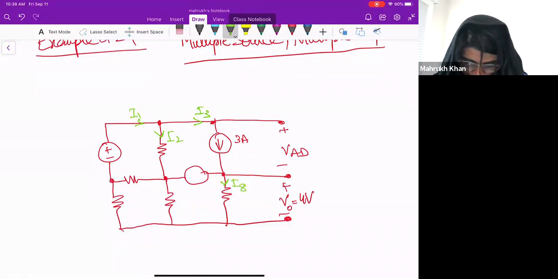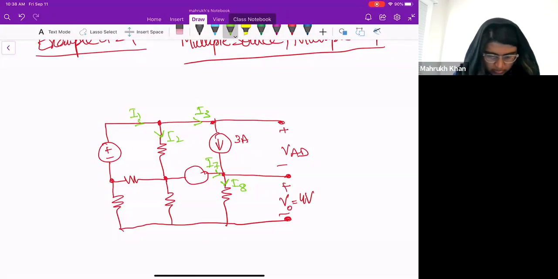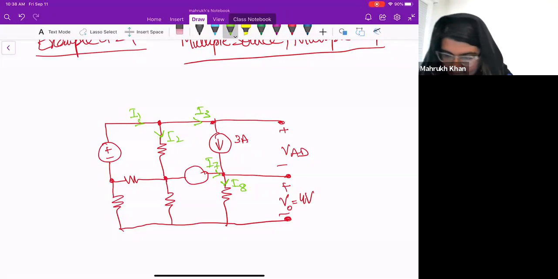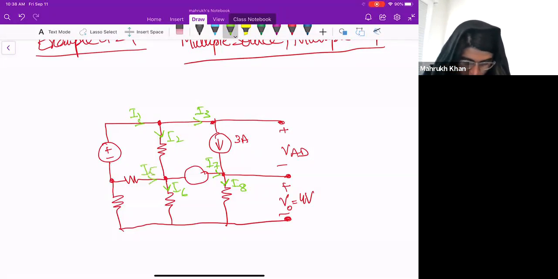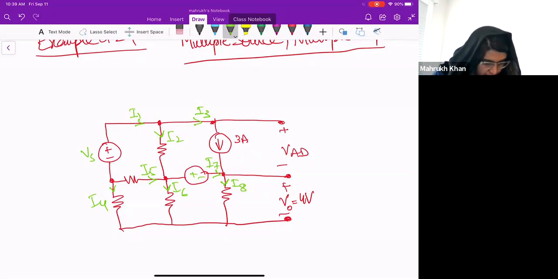I8, I7, I2, I7, I6, and I5, I4. This is VS. This is voltage.